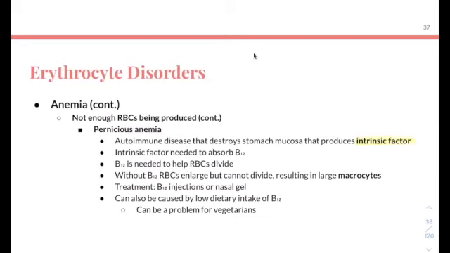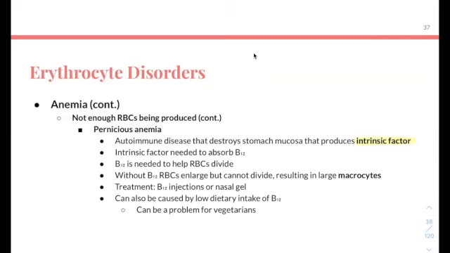Pernicious anemia is actually an autoimmune disease because it destroys the stomach cells that produce that intrinsic factor. The intrinsic factor helps that B12, once it gets into the intestines, get absorbed.